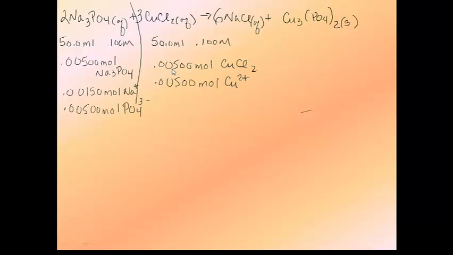It's a 2 to 1 ratio for the chloride, so that's doubled. So for every 0.00500 mole of the compound, you have 0.010 moles of the chloride, which is the other spectator ion. And this is before mixing.